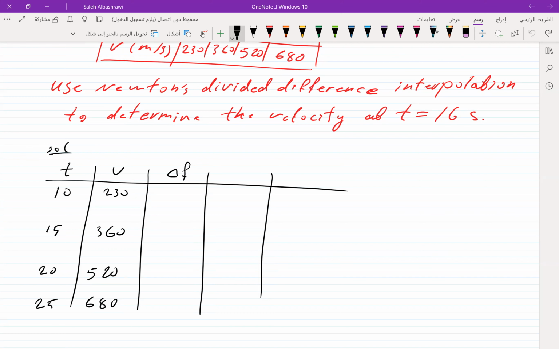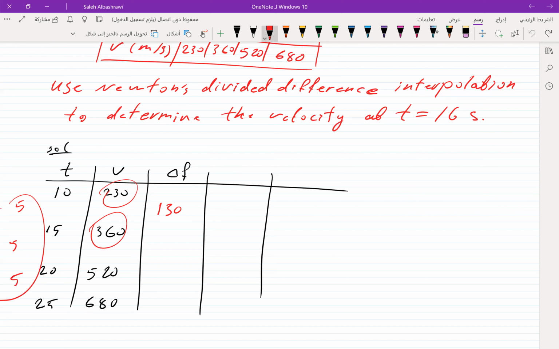So in the first case, in the first column, the difference between these two is 130. No need to divide by the difference between the x values because they are equally spaced. This is 5, 5, 5. So we're going to use the new formula.